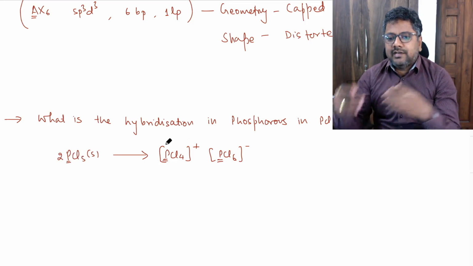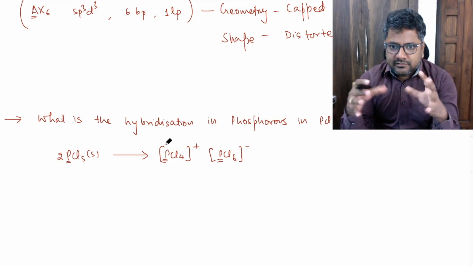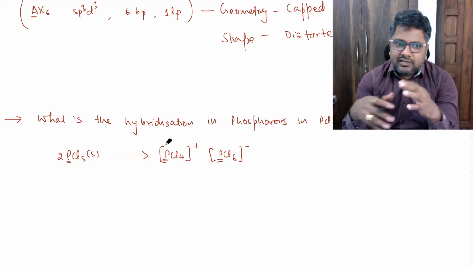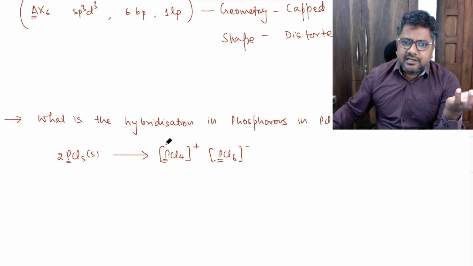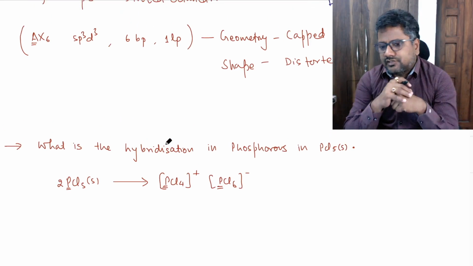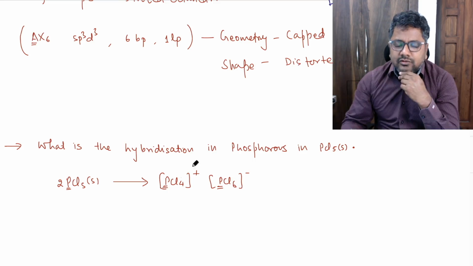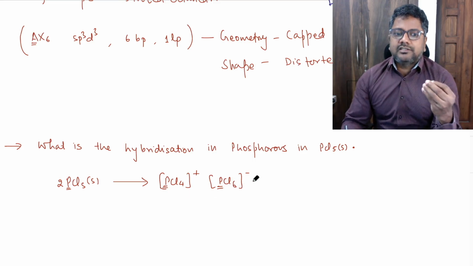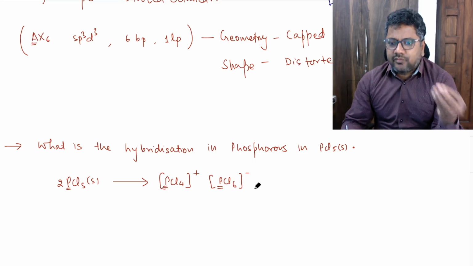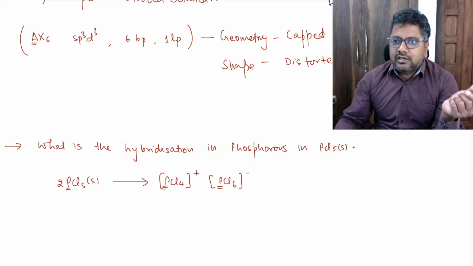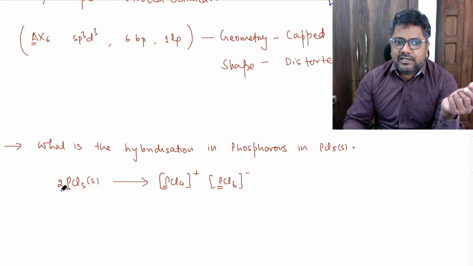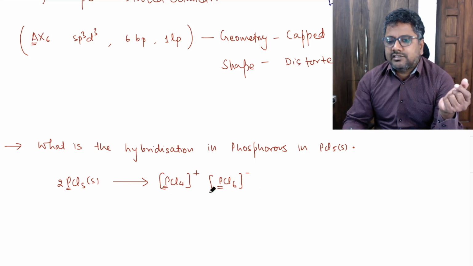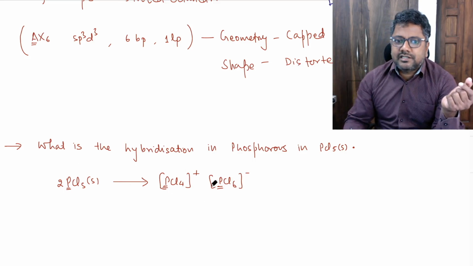They rearrange themselves. I mean, one has lost one chlorine, to minimize the repulsion, basically to minimize the energy of the system. Until you know which compound in solid phase exists in which form, you cannot answer such questions. So now you are able to answer this question, if you know that PCl5 exists as PCl4 plus and PCl6 minus.